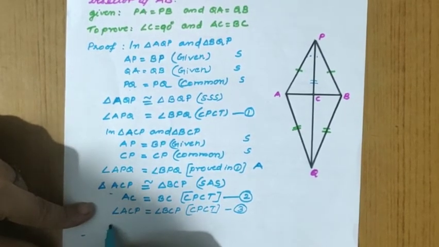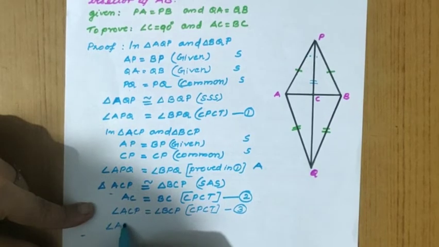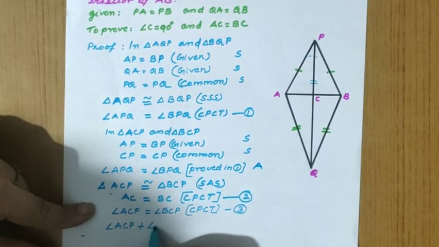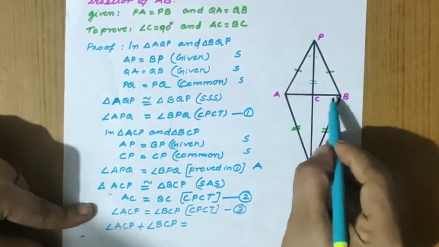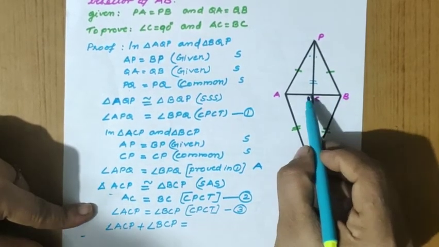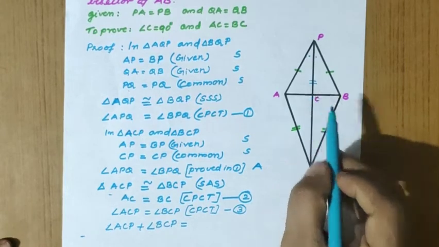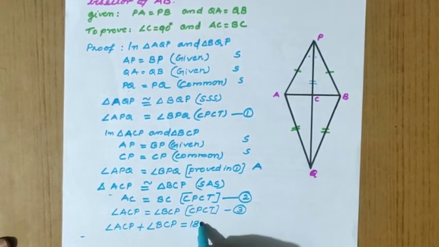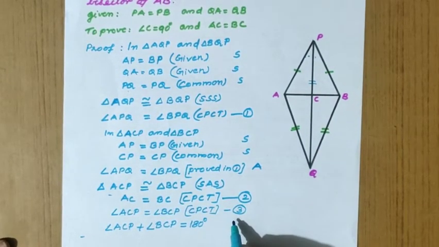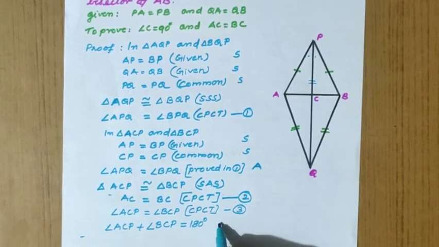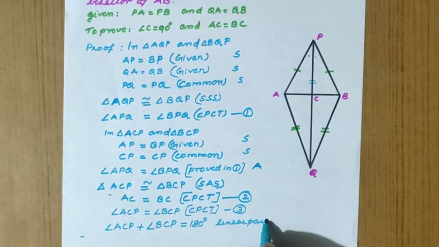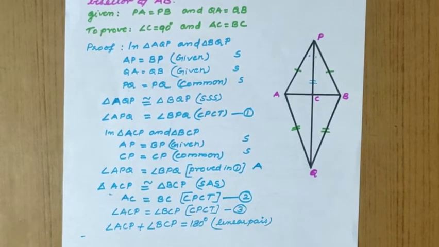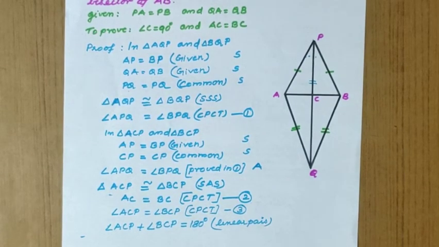Now the question comes: what is the sum of ACP and BCP? Because it is already given that AB is a line segment, the sum of ACP and BCP is equal to 180 degrees. Do you know what is the reason for this one? What is the reason? Linear pair.